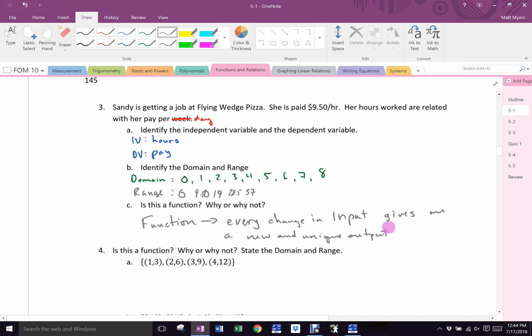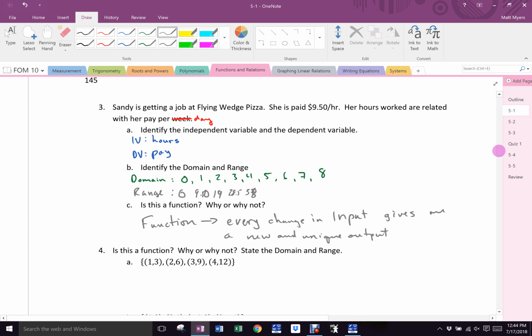So one day she works 4 hours, she gets paid $37, $38 actually. The next day she works only 2 hours, so she gets paid $19. It's not possible to change this and not get a different number down here. Is everybody good?